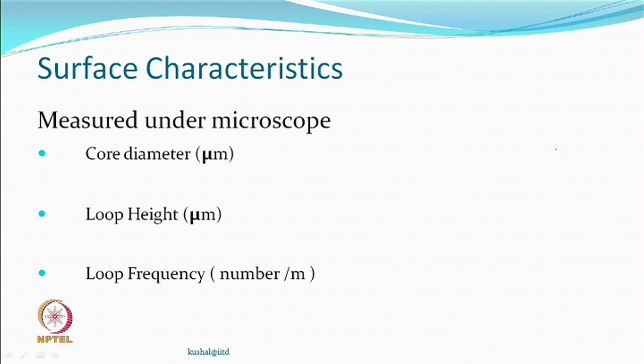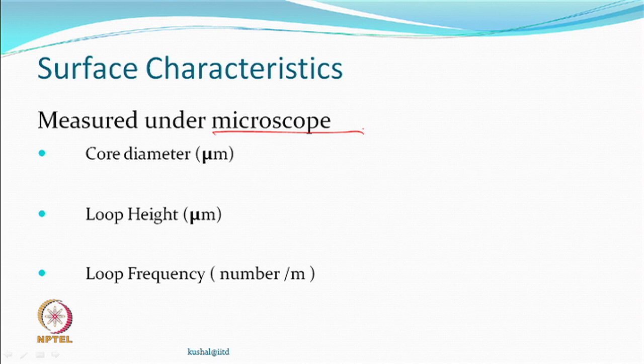So, one way of finding out the bulk is what we described, but why a particular yarn behaves in a particular way, if one wants to learn more about it, you may like to measure 3 more parameters which in some way are related to the surface change, particularly if you can watch it under a microscope.